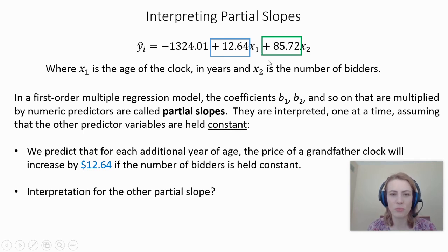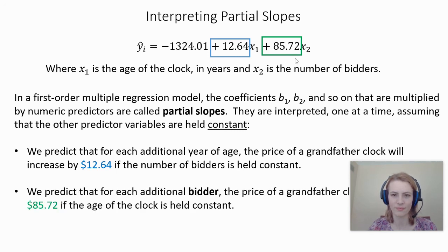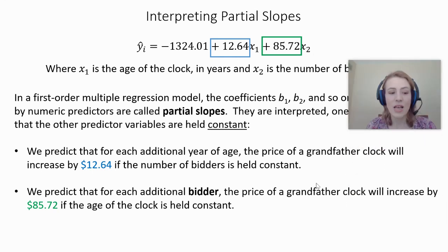See if you can come up with an interpretation for the number in the green rectangle. All right, so this would be that we predict for each additional bidder, because X2 is bidders, the price will increase by $85.72 if the age is held constant.